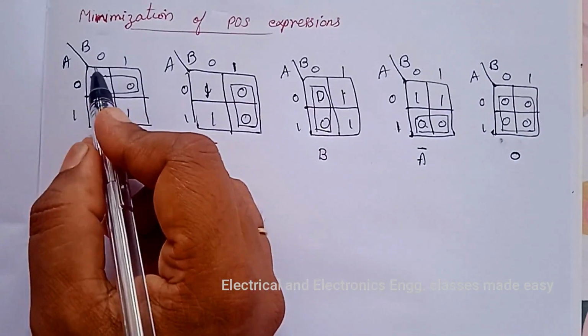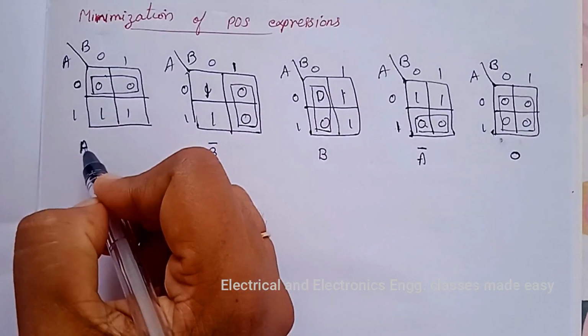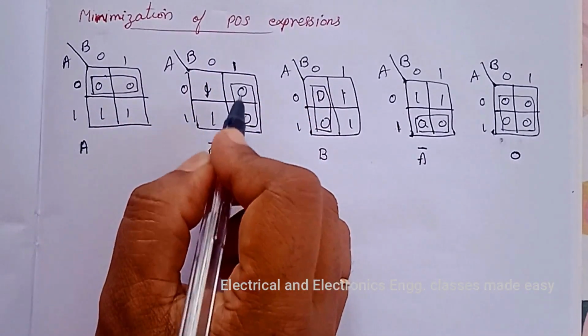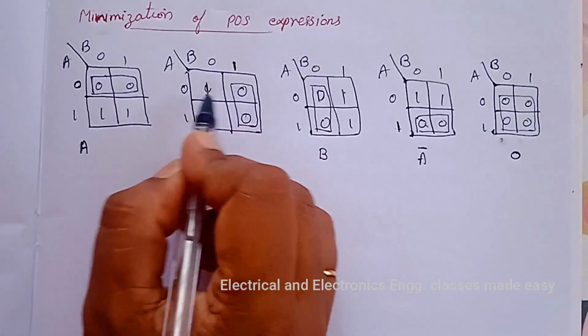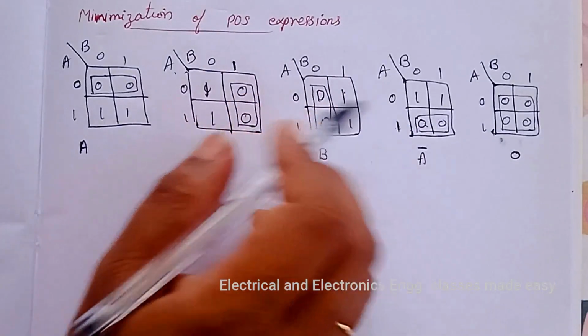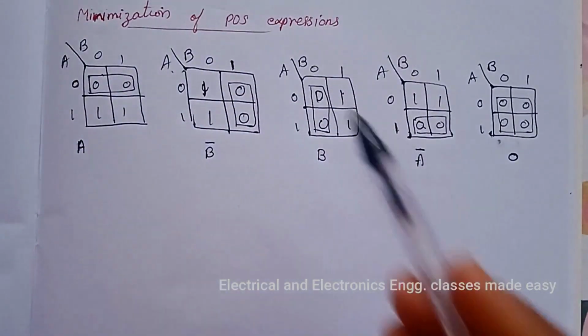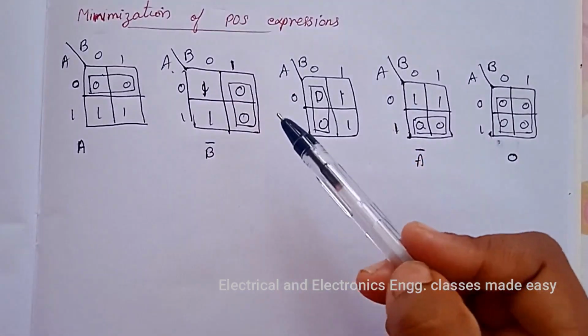So here b is changing, so we can write the variable a, and here also the changing variable is a, so we can eliminate a. So in this way we can do the minimization of POS expressions using Kmap.